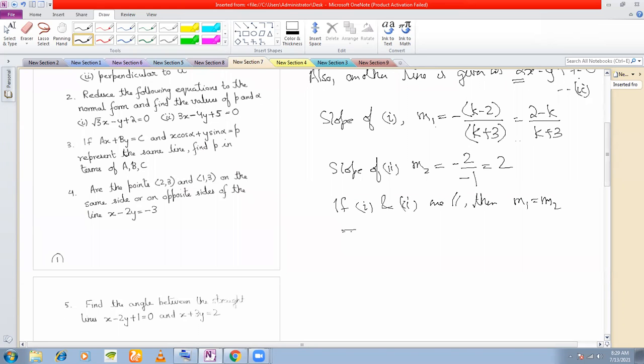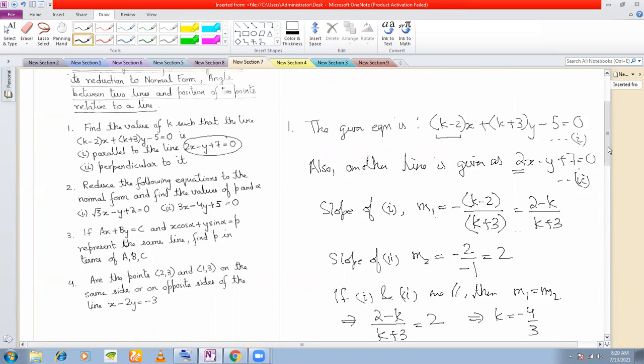That means m1 here, 2 minus k by k plus 3, is equal to m2 here, which is 2. Okay, you're getting a simple linear equation here. You solve it, you get k is equal to minus 4 by 3. Okay, so for this value of k, these two lines will be parallel.